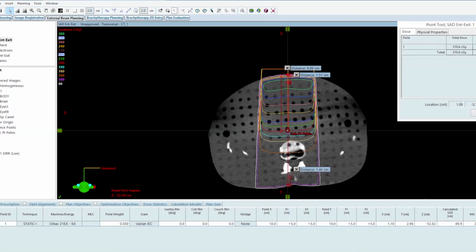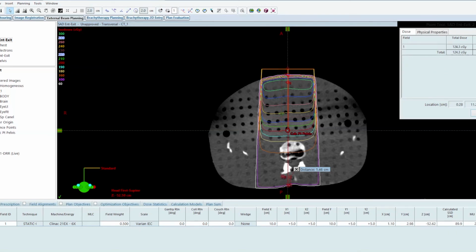So not only do I have an additional 8.5 centimeters of attenuation relative to the calc point, but I'm also further from the source given a set of monitor units. And I'll let you try and do the exit dose inverse square factor and see if you come up with something close to 124 centigray.